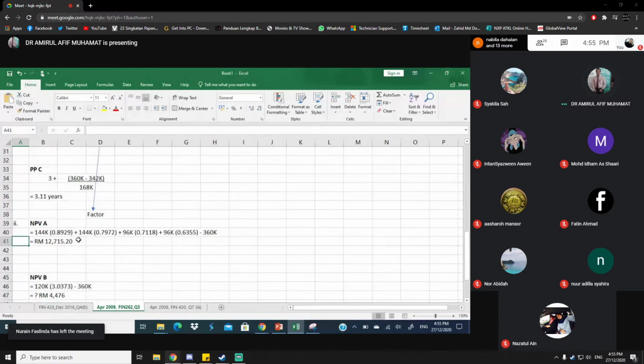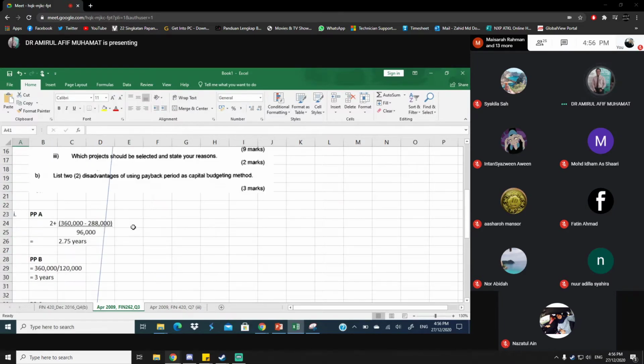So 144,000, income for the first year 144,000 times the factor 0.8929, plus income for the second year 144,000 with factor 0.7972, plus 96,000 with factor 0.7118, plus 96,000 with 0.6355.